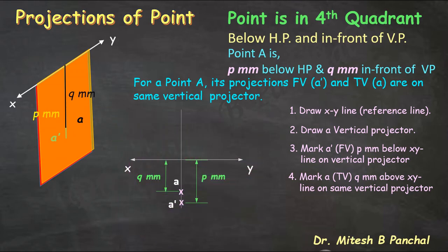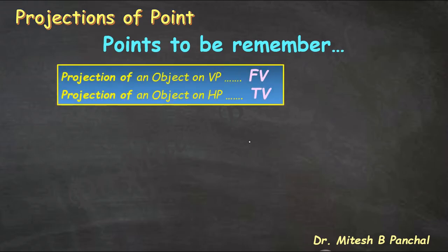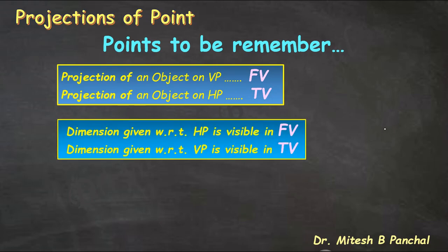Right? So ultimately we have to remember three main important points over here. The first point is that the projection of an object on VP is the front view, and the projection of an object on HP is the top view. The second point is related to dimension: the dimension given with respect to HP is visible in the front view, and the dimension given with respect to VP is visible in the top view.